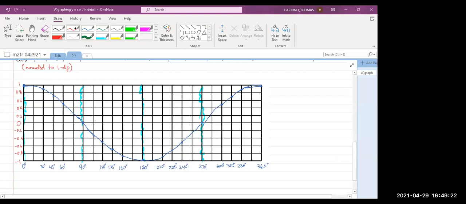Now let's take some time to write the angles in radians. The ones in red are important, and the ones in gray are less important, but good to know.